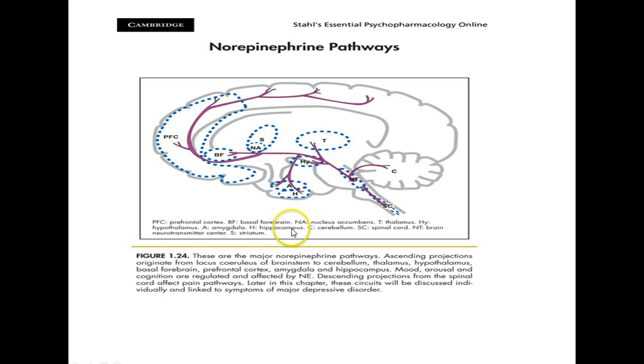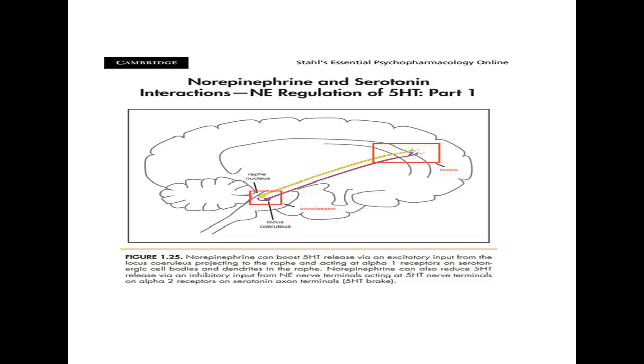It is also associated with important areas such as the amygdala, the hypothalamus and the hippocampus. So it is connected widely, and through this wide connection you would assume that both serotonin and norepinephrine have significant effects on mood regulation.